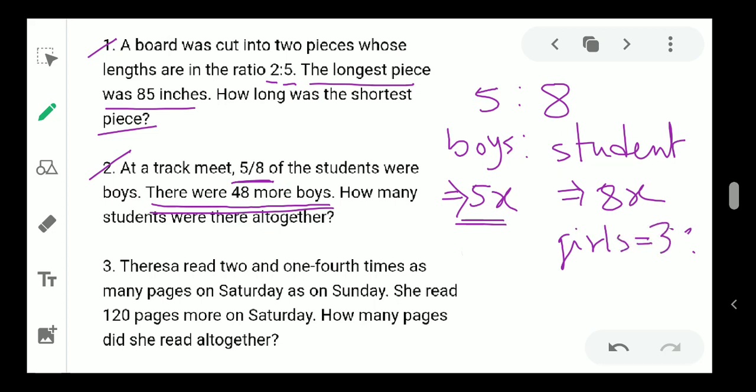We have already found the girls to be 3x. If the question is that there were 48 more boys than girls, then whatever the number of girls is, the number of boys is 48 more than that. So if I add 48 to the number of girls, that should be my number of boys.